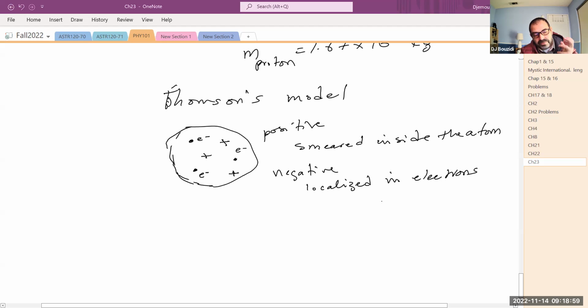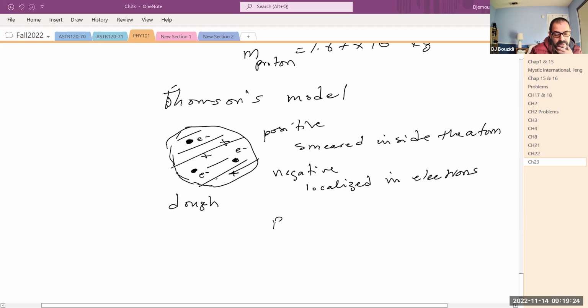So that's the picture he imagined. There is like a dough, for example, that is completely positive. So the dough is positive, whereas in this case I drew 3 electrons. The 3 dots in here represent the electrons.